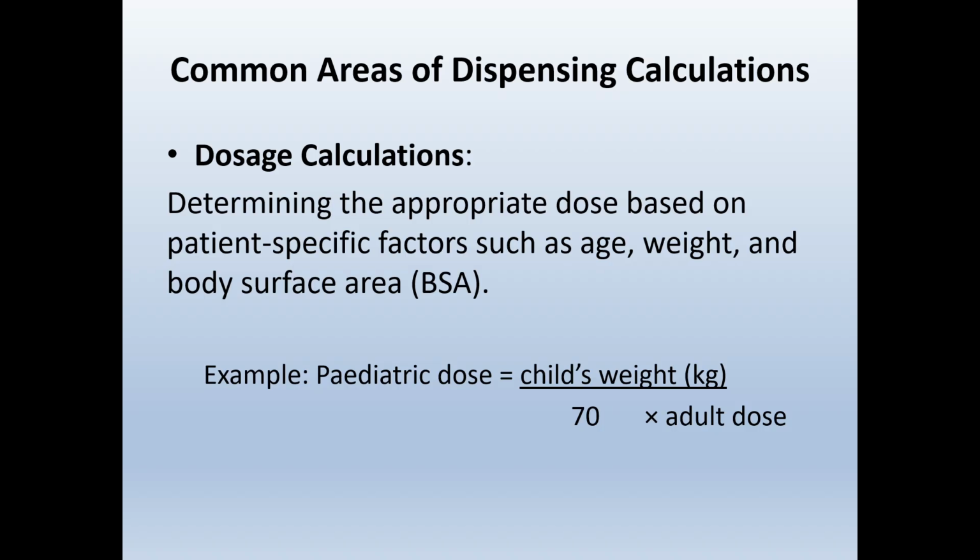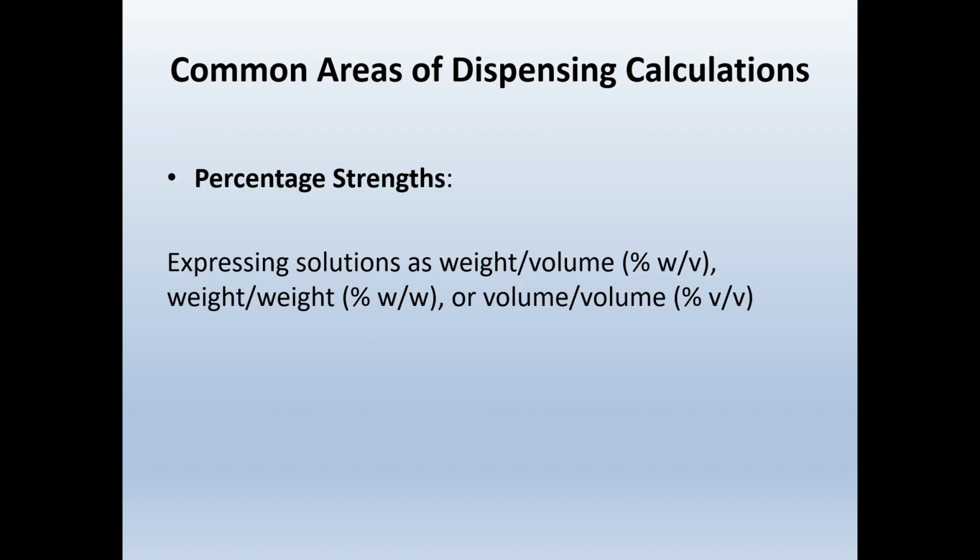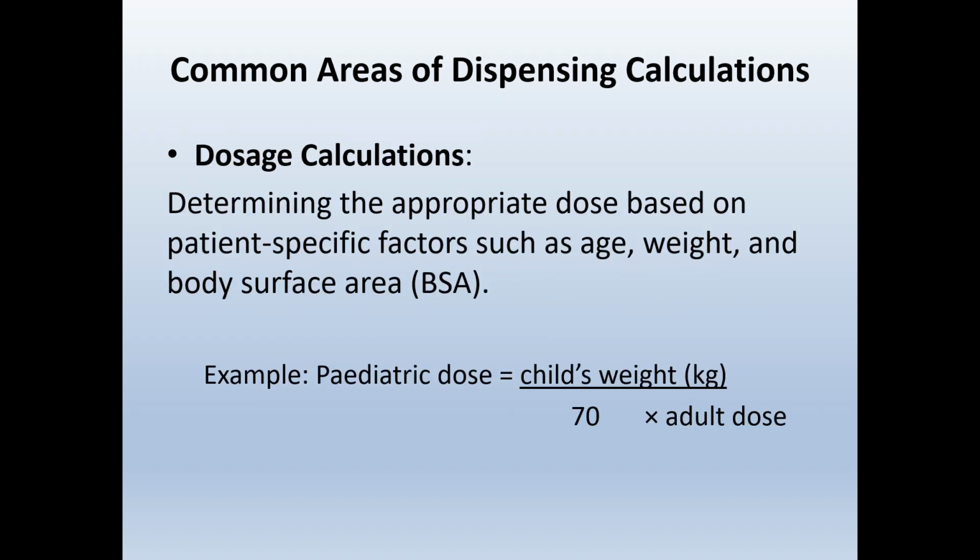Right? So determining the appropriate dose based on patient-specific factors, such as age, weight, and body surface area, is one of the ways we can apply dosage calculation. For example, for a pediatric dose, you have the weight of the child in kilograms divided by 70, times the adult dose.